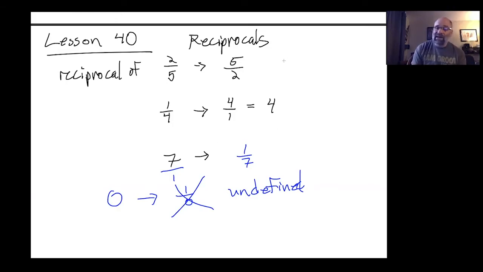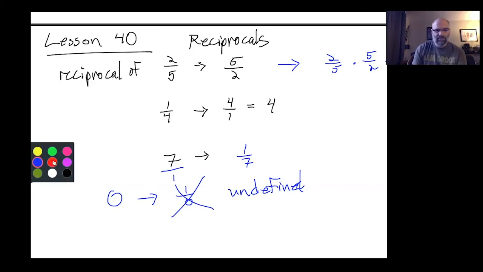Whenever you multiply a fraction by its reciprocal, what do you get? What do you get? 2/5 times 5/2. What do you get? 1. Yes, 1.